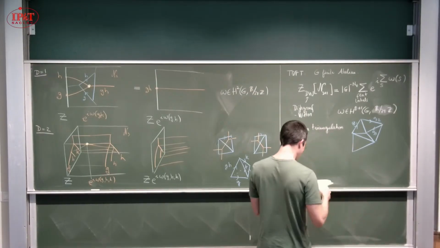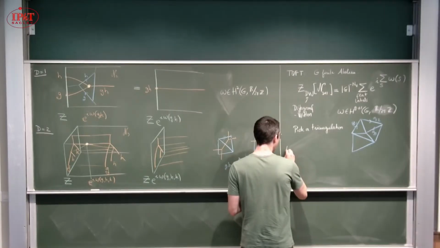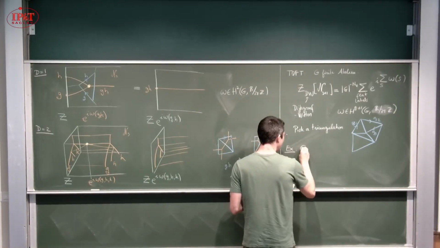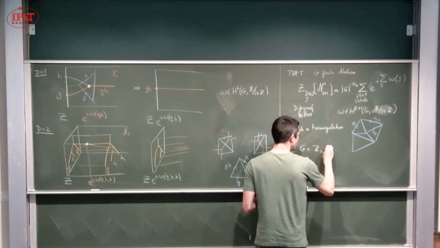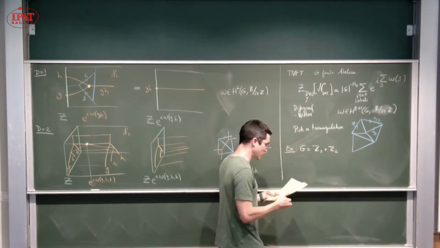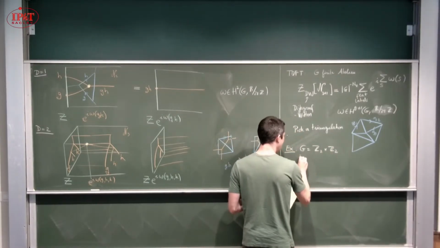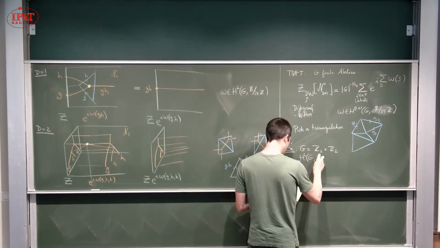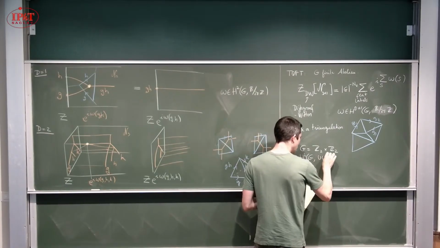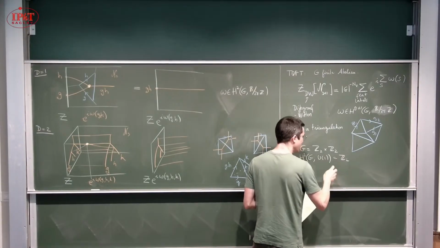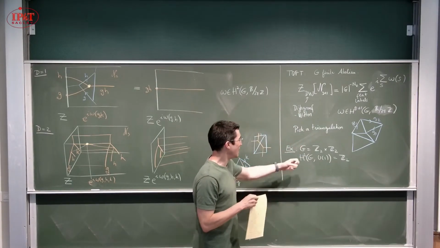An exercise: let's take an example. If G is Z2, last time we discussed, this is the simplest group which has an anomaly, so it has H2 of G with values in U(1) equal to Z2 again. So here there is a non-trivial element of that.